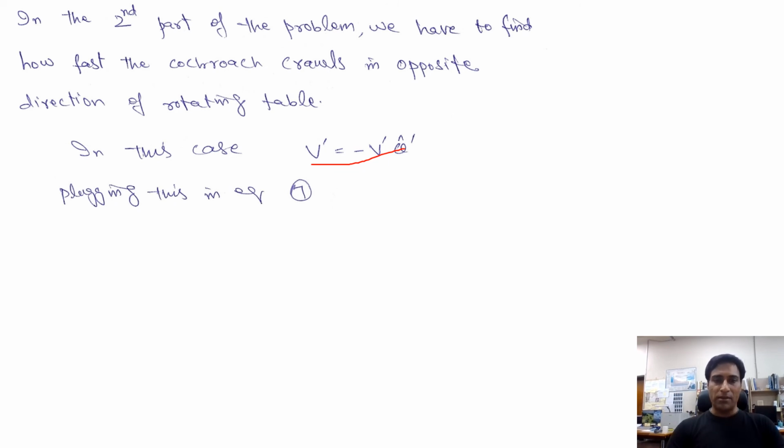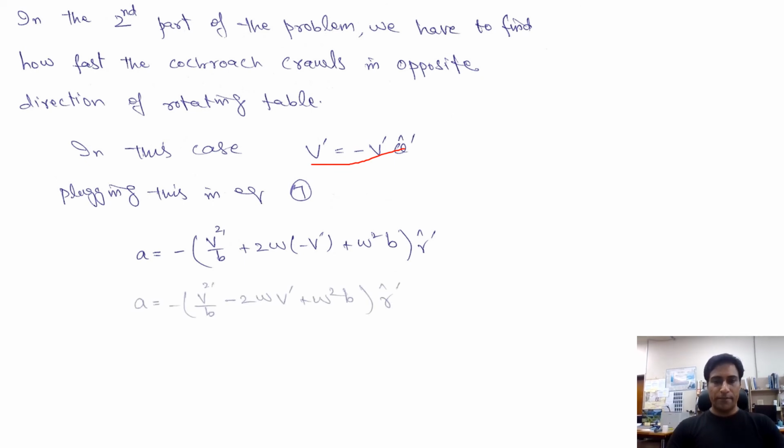So we will plug this into equation 7, which is a equals minus v dash square over b plus 2 omega into minus v dash plus omega square b into r dash unit vector.